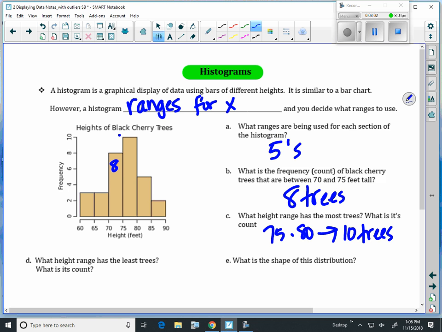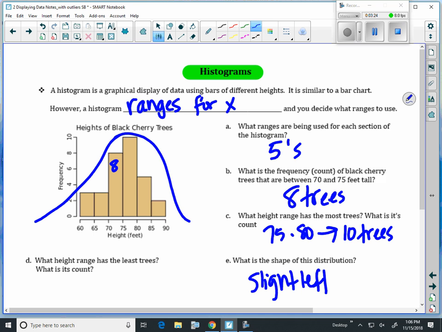Left skew. I feel like it's more left. It's more left, but it's kind of normal. It's slight left, because we have this tail here. So I would just say slight left skew, not just normal.